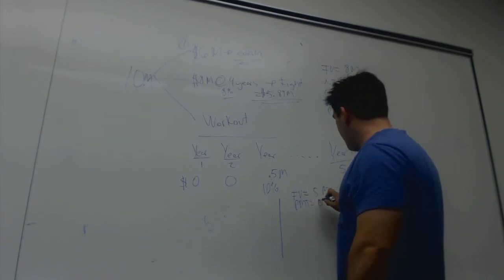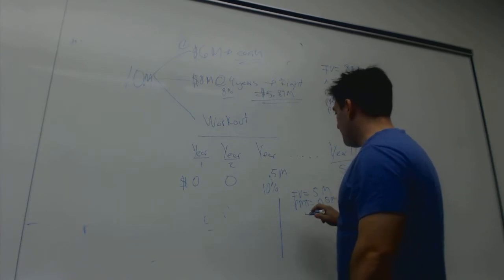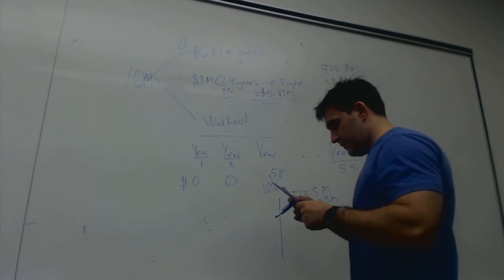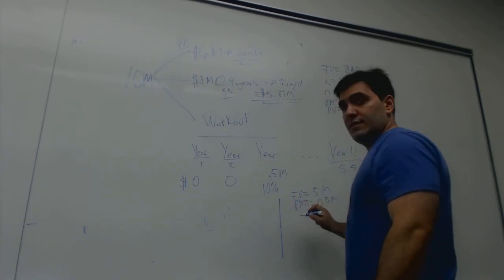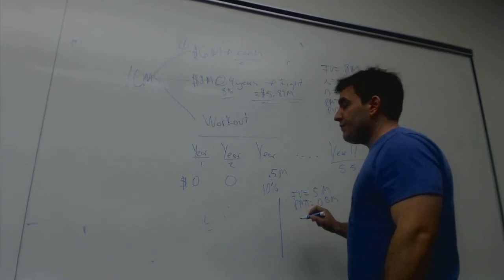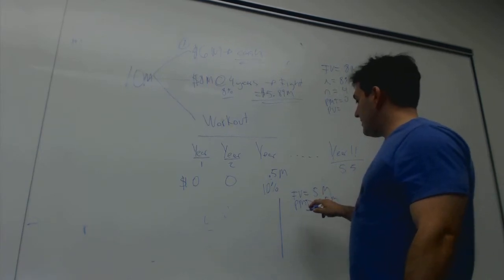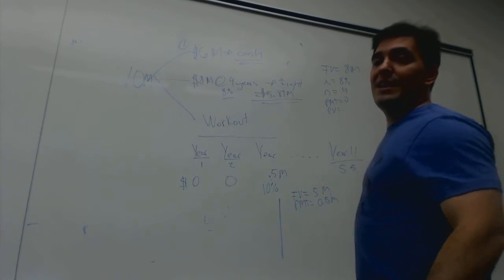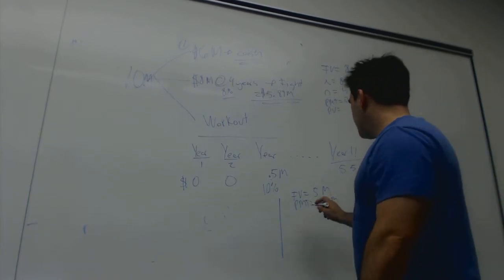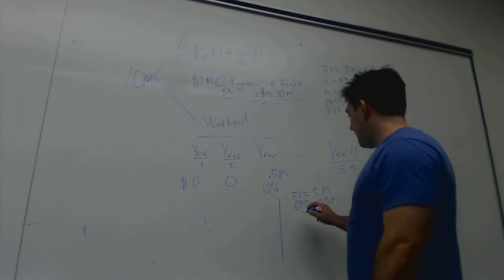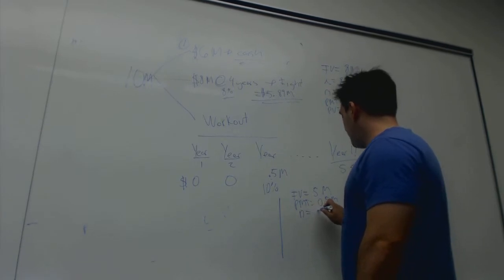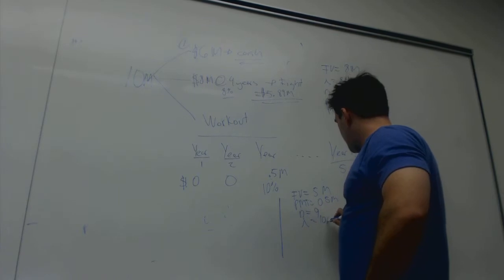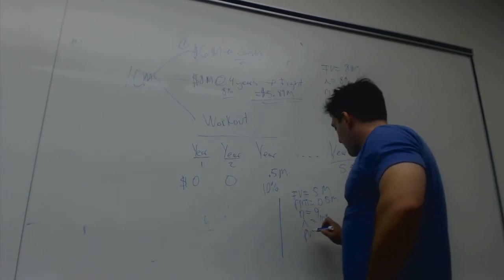When you do it in the calculator this way, this is a payment, and the calculator already assumes that you're going to get that. So you say payment 0.5, n is equal to 9, discount is equal to 10%, and you want the present value.